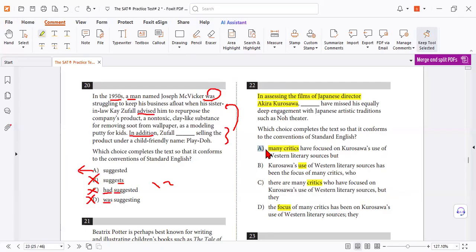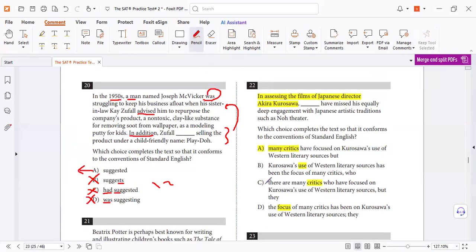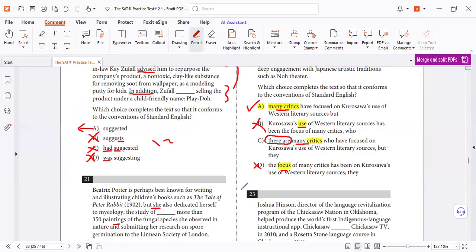So it must be letter A. Yes or no? Yes. Why not C? Of course, here it's not logical, no problem. But we have a trap. Why not C? Because we don't need this expression. Why not receive many critics directly? It's a longer construction. We can make it shorter with the same meaning. So if you are confused between the choices, choose the shorter one.